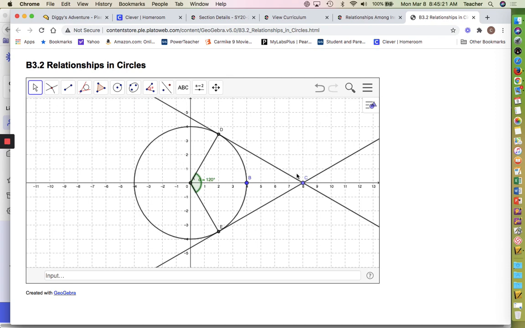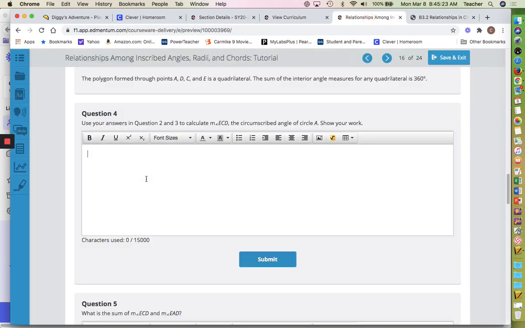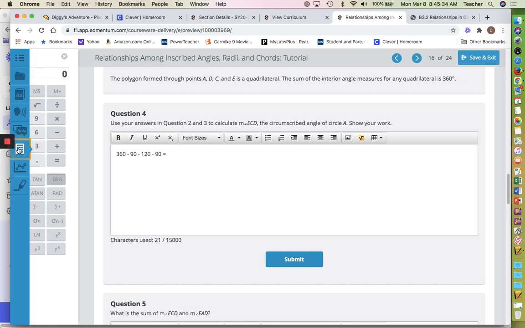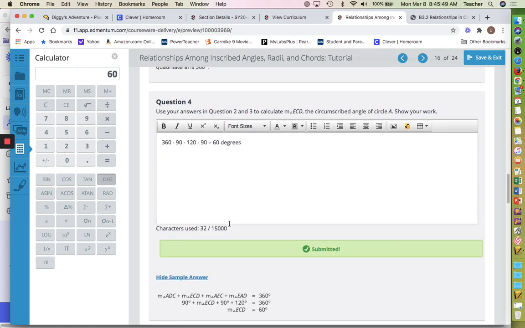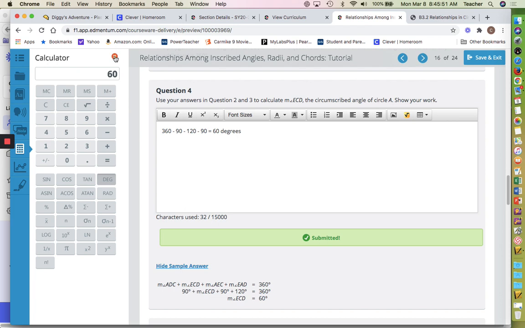What you're going to have left over is angle C. So 360 minus 90 minus 120 minus 90 equals 60 degrees. Yes, it is. Look there, 60 degrees.